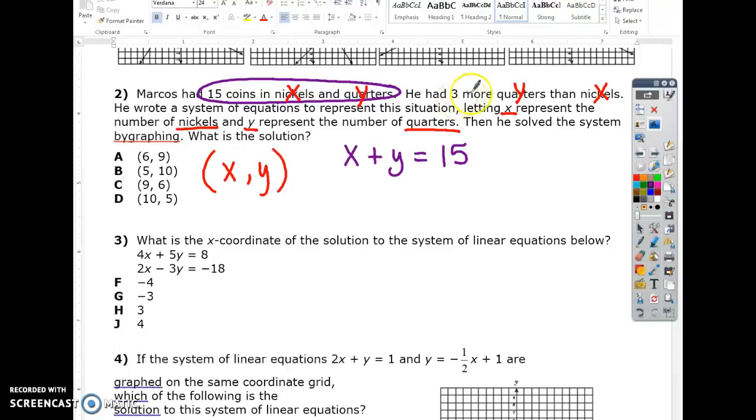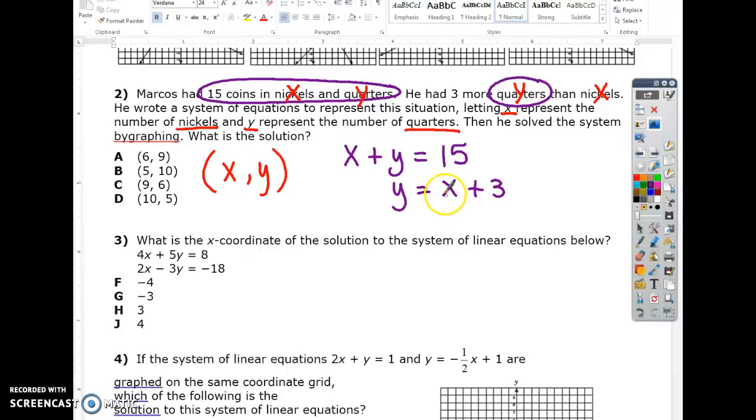He has 3 more quarters than nickels. How do you write that equation? Do you say y equals or do you say x equals? Which one does he have more of? Y's, quarters, more quarters, so it's going to be y equals my nickels plus 3, right? 3 more than my nickels.